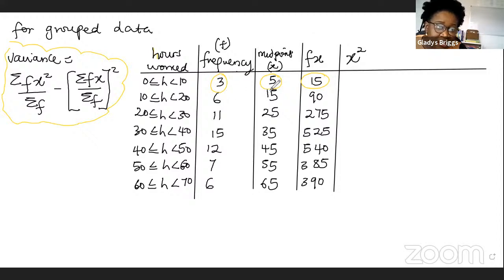So x is 5. 5 squared is 25. 15 squared is 225. 25 squared is 625. 35 squared is 1225. 45 squared is 2025. 55 squared is 3025. And 65 squared is 4225.